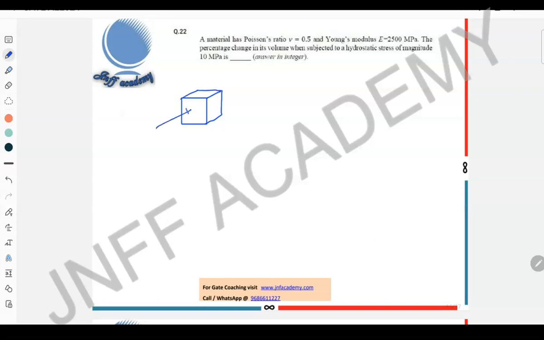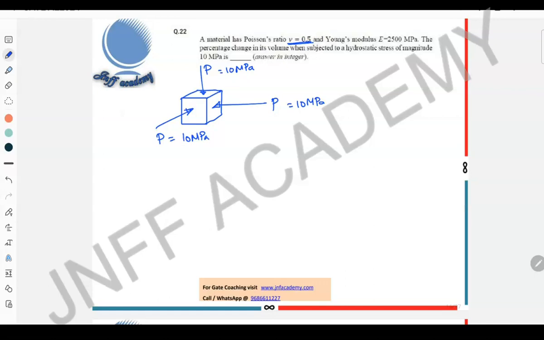Hydrostatic condition means the same stress is applied in all directions. Compression of 10 megapascal everywhere. If you look at this, Poisson's ratio nu should not be 0.5. If it is 0.5, the compressibility will not be there.